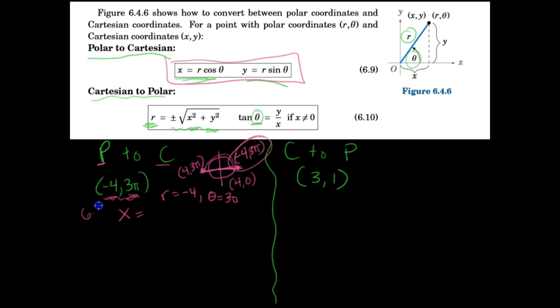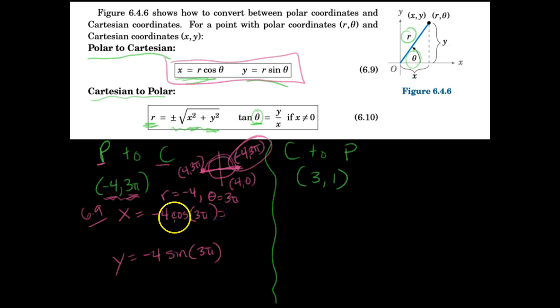So x is equal to -4 cosine of 3 pi, and y is equal to -4 sine of 3 pi.